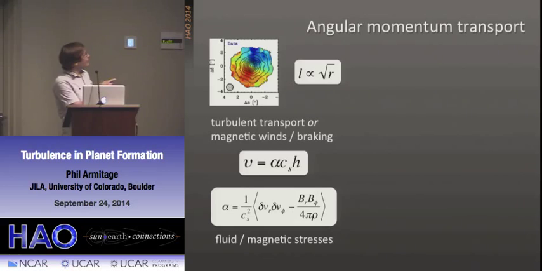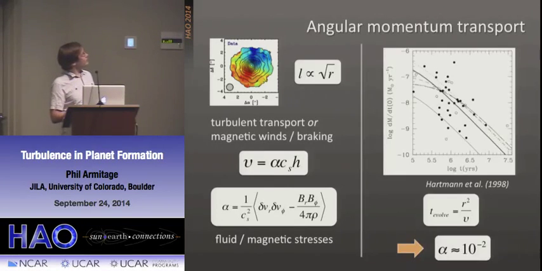So this is a sort of classical way of parameterizing the strength of turbulent transport. We're going to be discussing simulations later, so you can relate this alpha here to properties you can measure in a simulation, the correlation between radial and azimuthal magnetic fields, and similarly the correlation between radial and azimuthal velocity perturbations. Here we have fluid Reynolds stresses, and here we have Maxwell stresses. So that's sort of from the theory point of view.